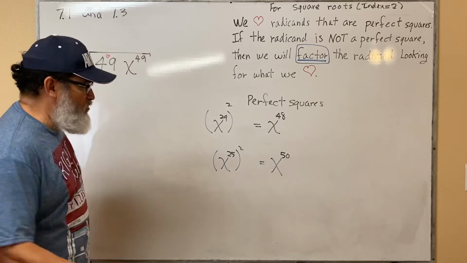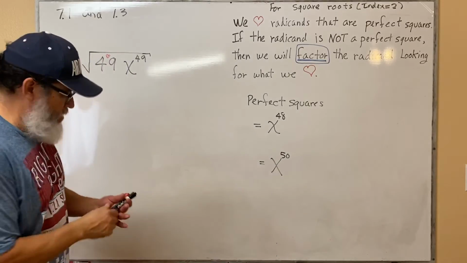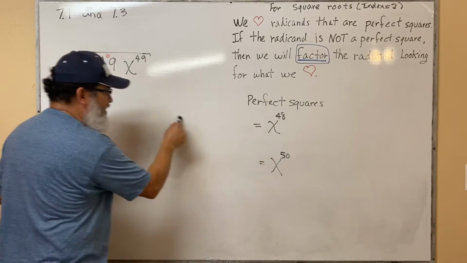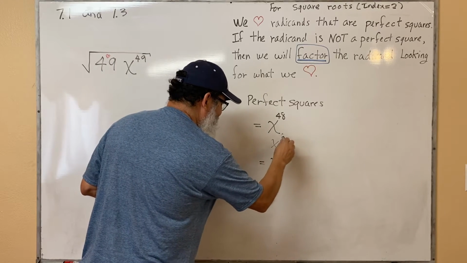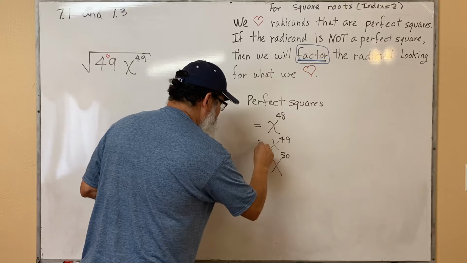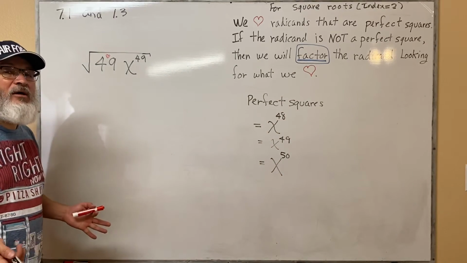Okay, so no problem. X to the 49th is in between. Right here. This is x to the 49th. Not a perfect square.